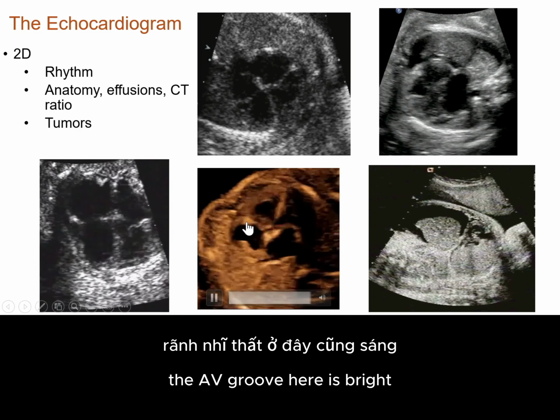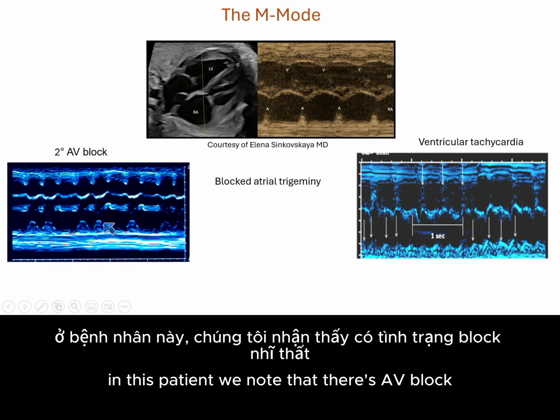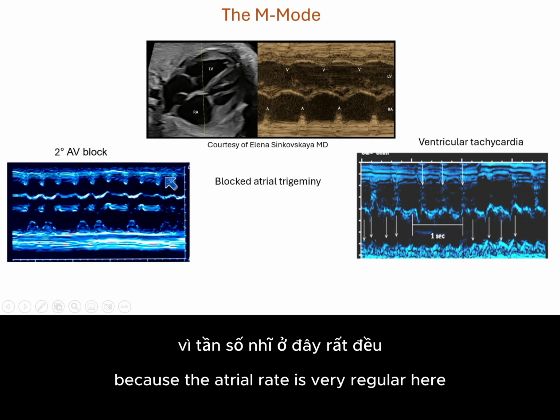The M mode is the first really arrhythmia diagnostic tool we use when we're assessing an arrhythmia, and we put the cursor through the ventricle and the atrium, and we can look at the rate and the AV relationship. In this patient, we note that there's AV block because the atrial rate is very regular here and the ventricular rate is irregular.